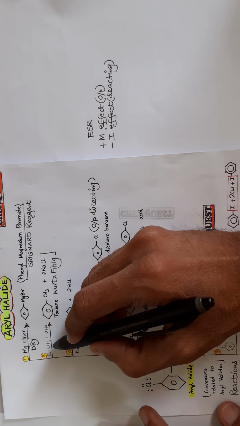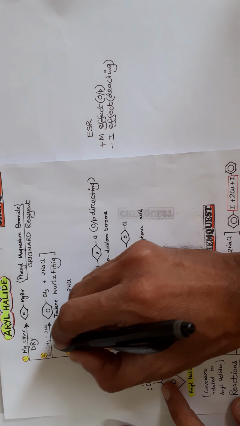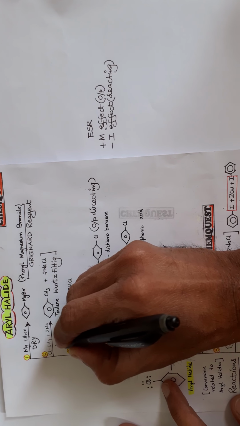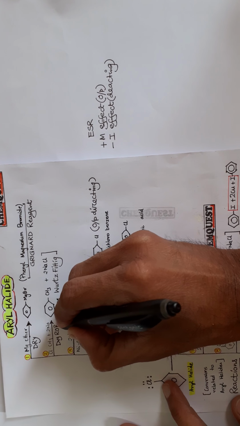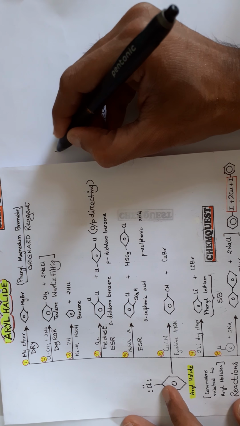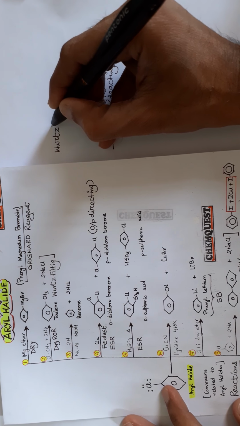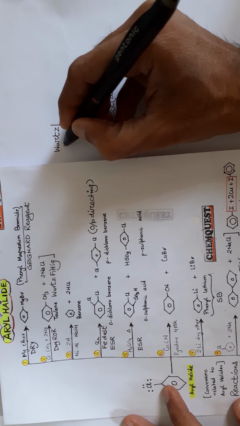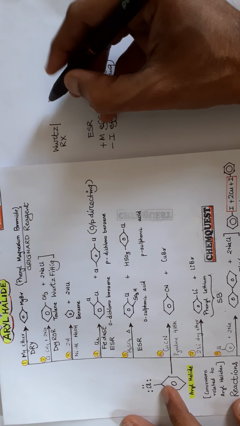Next one is chlorobenzene with methyl chloride in presence of sodium in again dry ether. There are 3 types of reaction. One is Wurtz, where both are aliphatic, only alkyl halides are there to form alkane.